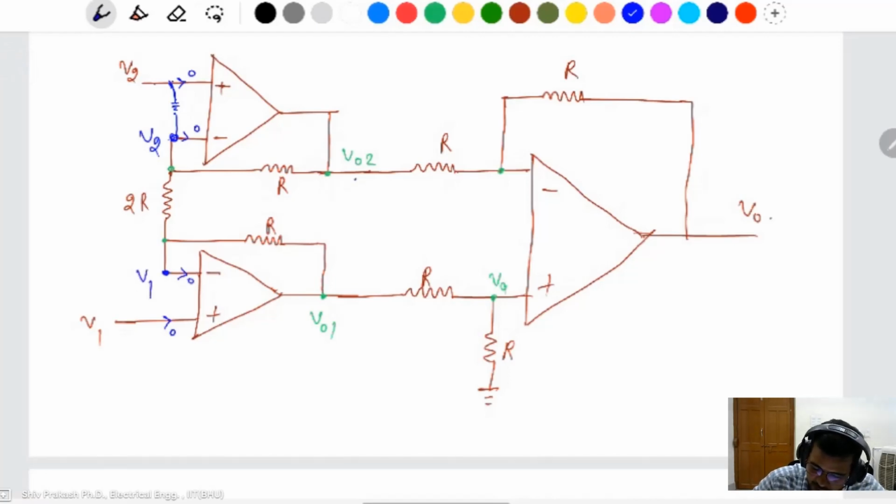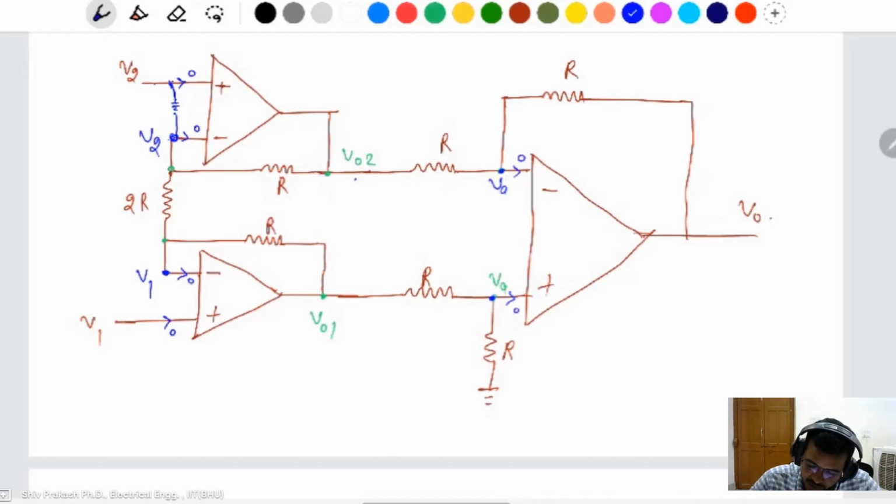I have taken V not 2, V not 1. I will take a voltage VA, and the same voltage also here, VA, because negative feedback is here also. This current will be 0. Then what is the current flow? Where, how will it flow?